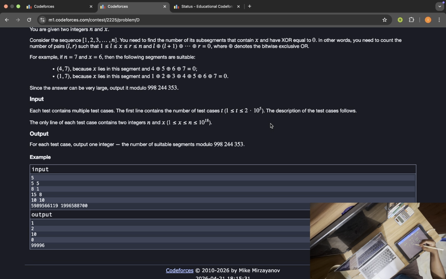Those not containing have one extra. 1 2 3 4, 1 2 1 2. Yeah, it's good. 1 2 3 4, 1 2 1 2. Yeah, it's okay. 1 2 4 8. Okay, it goes like that.